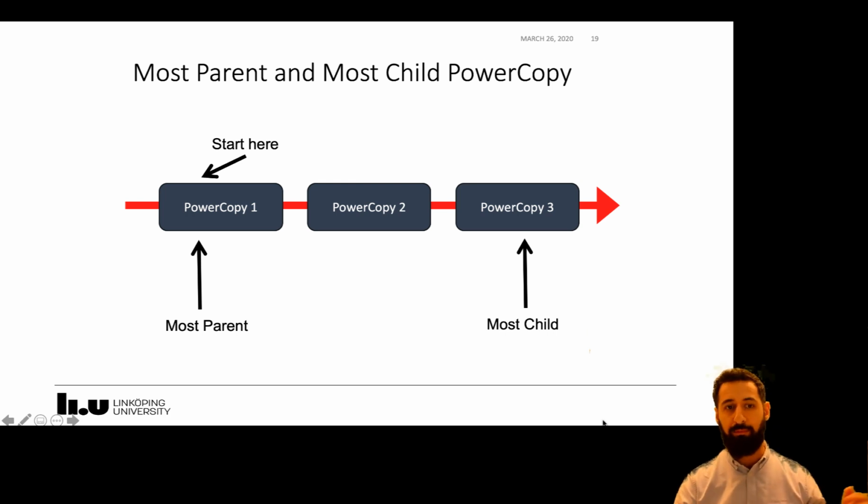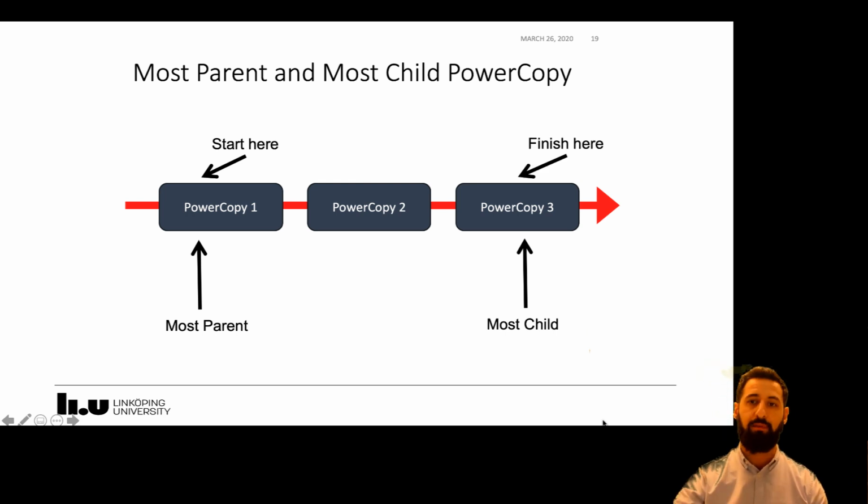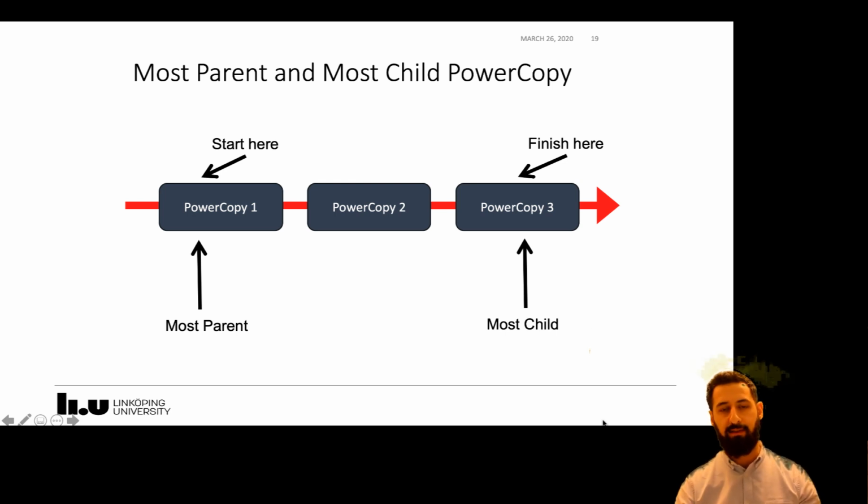You start with power copy 1. You finish with power copy 3. So in this situation, if you're dividing 3 different power copies within your group, the one who's working with power copy 1 needs to provide references for power copy 2, and the one working with power copy 2 needs to provide references for power copy 3.